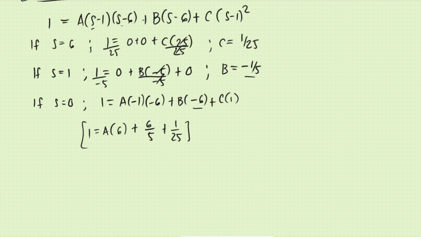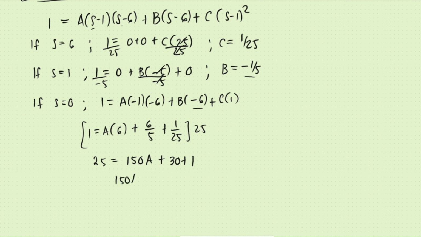And we'll multiply both sides by 25. So we'll have 1 times 25 is equal to 25 times 6 is 150, right? Because 25 times 4 is 100, and the remaining 2 times 25 is 50, that's 150. Plus 25 times 6 over 5, 25 over 5 is 5 times 6 is 30, plus 25 over 25 is just 1.